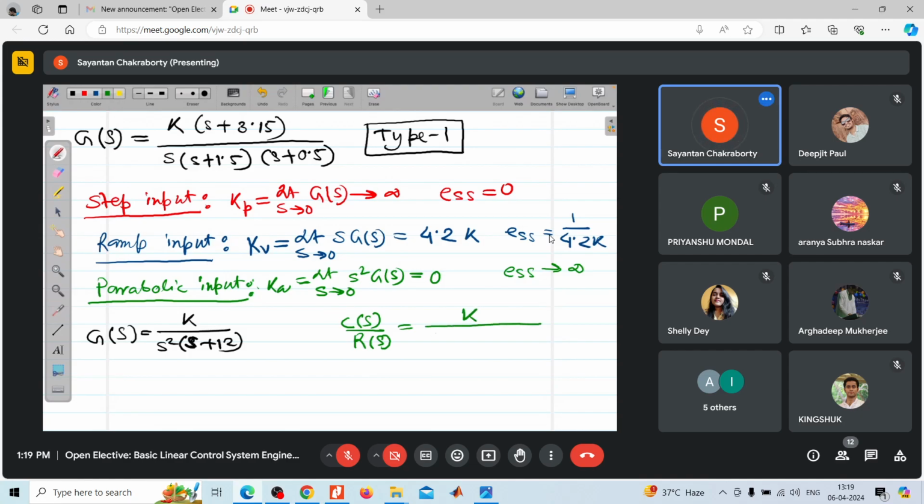K by s cube plus 12 s square plus K, something like that. Here an interesting phenomenon will happen for this type 2 system.